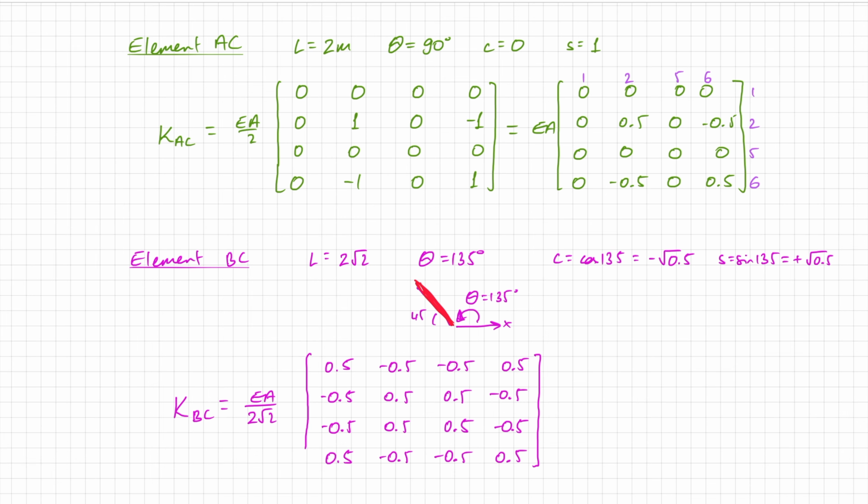And that's it. We can divide by 2 square root of 2, and that'll give me EA. And now if I divide this 0.5 by 2 square root of 2, everything is going to be either plus or minus 0.177. So plus and then minus.